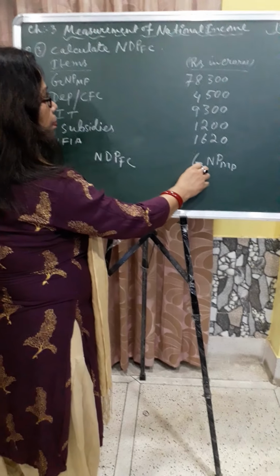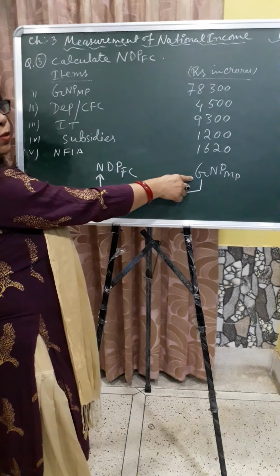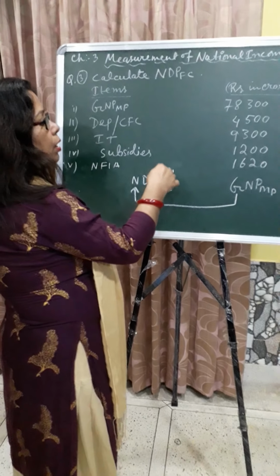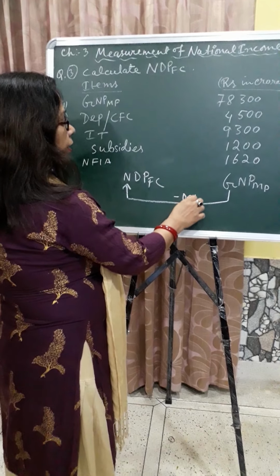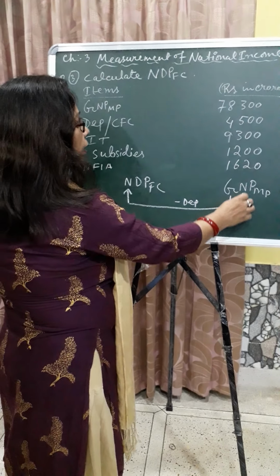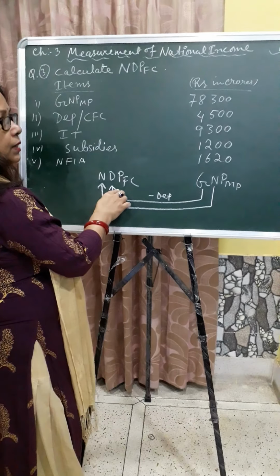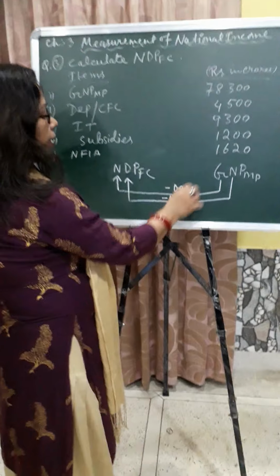First make the step from gross to net. You know how we come from gross to net: minus depreciation. Then from national to domestic: minus NFIA.